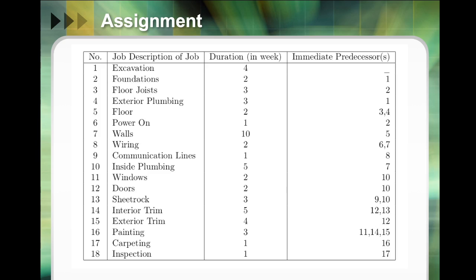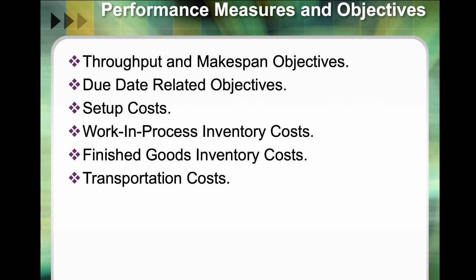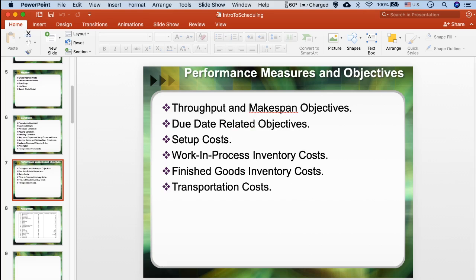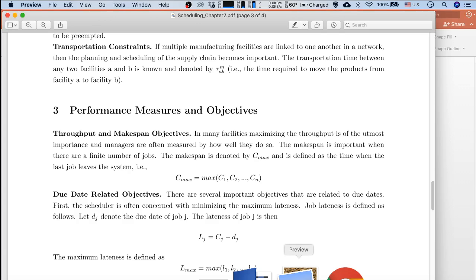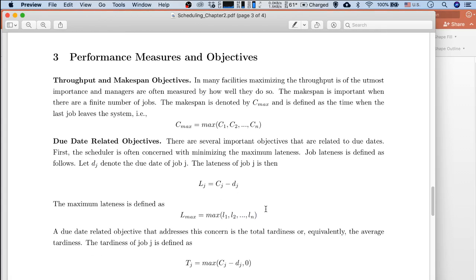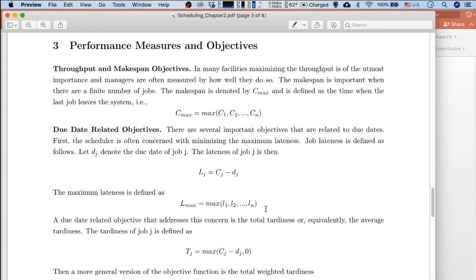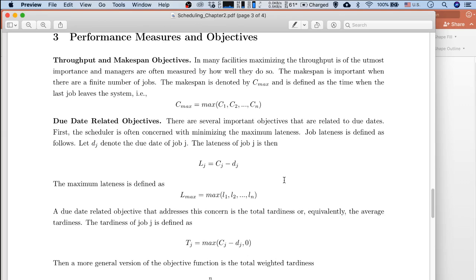And the next one that we consider relates to the due date, right? This means the day that we promised at the beginning that we will finish the job. And here we have two important performance measures relating to the due date.